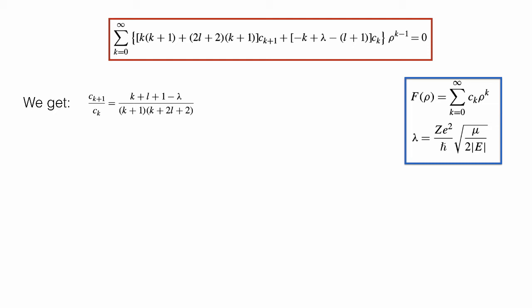What we see directly from this ratio on the right hand side is that when k goes to infinity, this fraction behaves as 1 over k. That's actually pretty straightforward to see. Now this is a big problem, it turns out, because this behavior 1 over k is actually the behavior of the exponential e to the power rho.